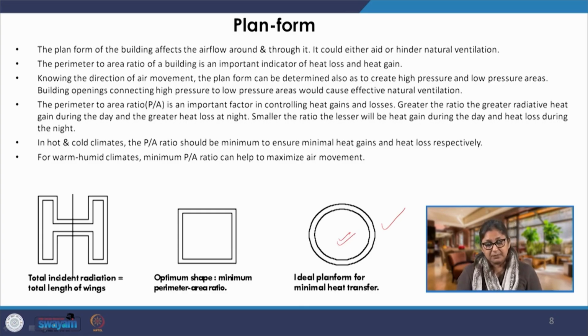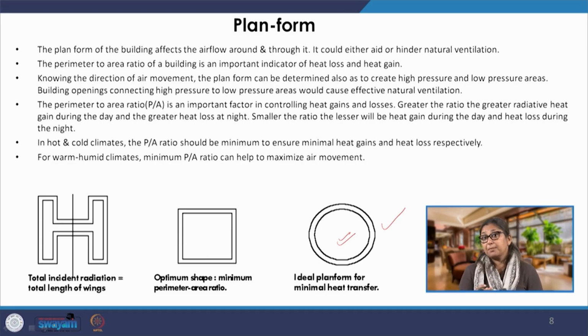That is the reason why in hot climates, buildings are traditionally designed to be circular. You can look at bhungas from Rajasthan, you can look at the Kutch houses, they are all circular because it reduces the amount of heat that is coming in through direct solar radiation, and on top of that we add other design features such as shading.